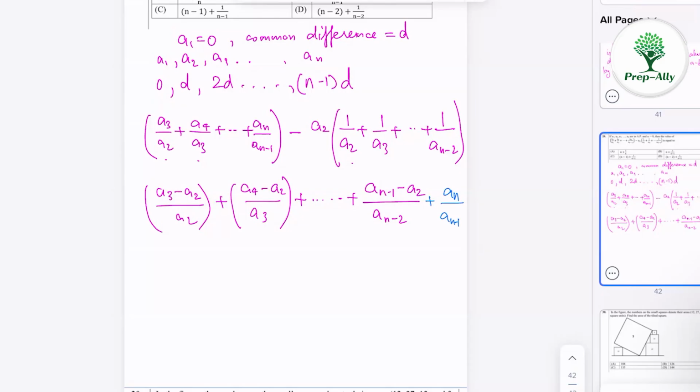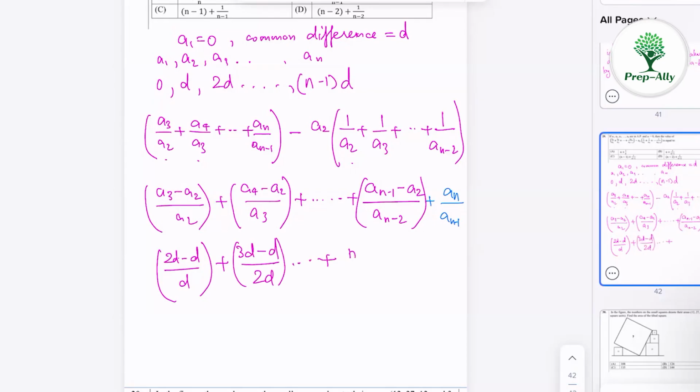So we can't group that term, right? So A3 minus A2 by A2 is 2D minus D by D. A4 minus A2 by A3 is 3D minus D by 2D up to N minus 2D minus D by N minus 3 times D.